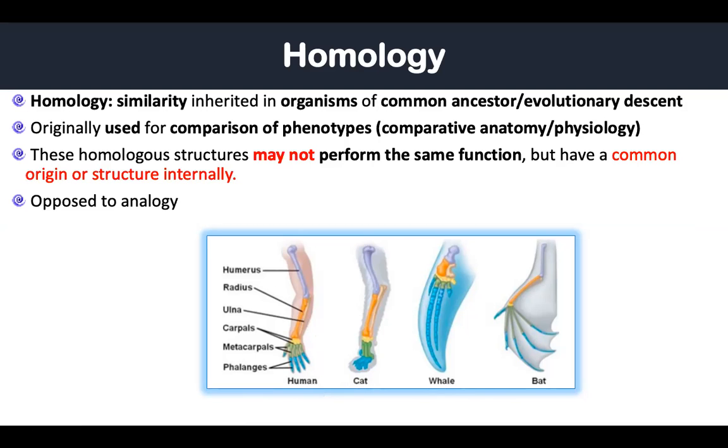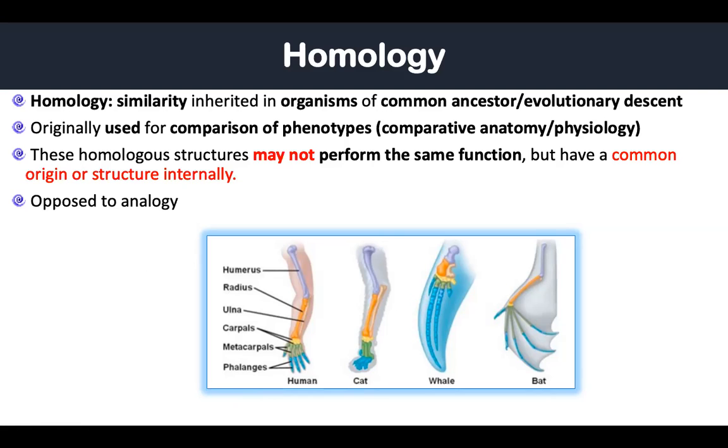We all have the same bones. We have humerus, radius, ulna, carpals, metacarpals, and phalanges. All of them have the same thing. It's just that the morphology looks different, but they have the same things as us. And superficially, if you just look at it from the outside, they look very different, right?